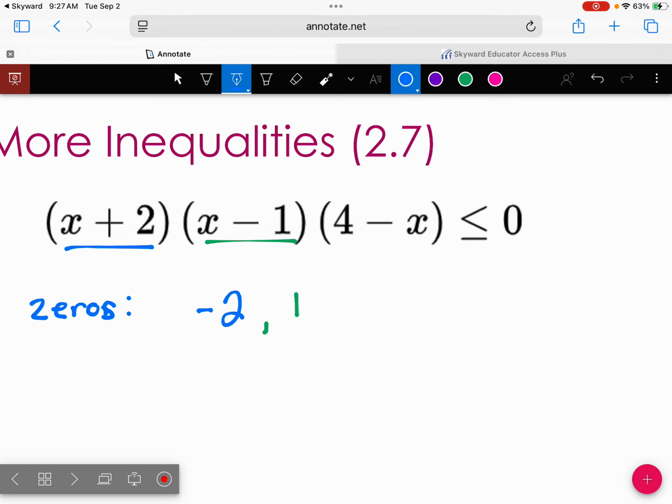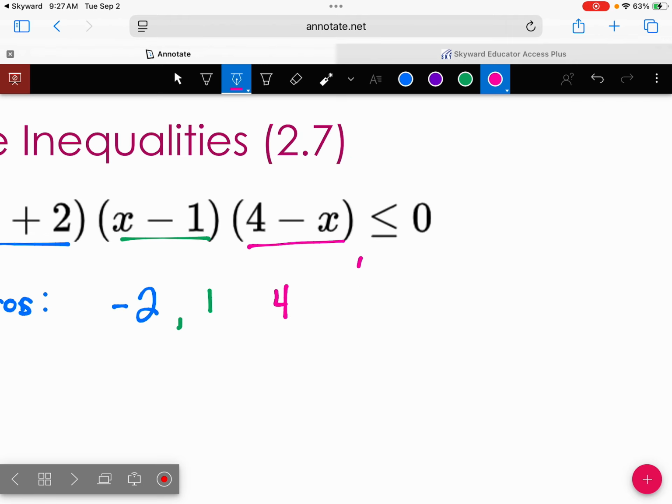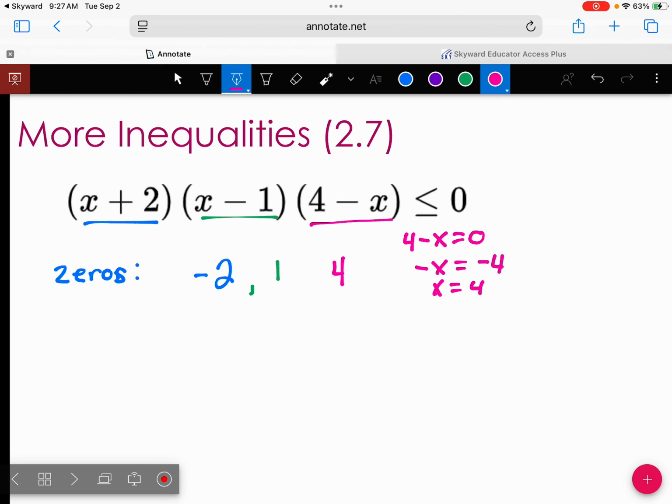Minus x equals minus 4. Then we divide by our negative 1, and we get positive 4. When in doubt, write it out. 4 minus x equals 0, minus x equals minus 4, x equals 4. So when in doubt, you can write it down. But we need our zeros first.